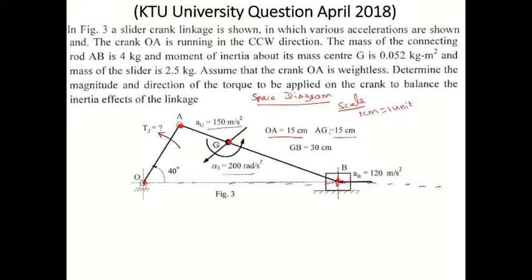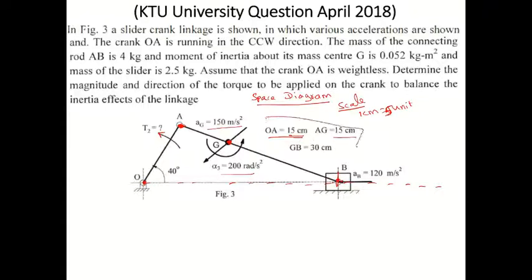If you want to reduce this dimension, you can reduce it, like 1 centimeter equal to 5 units. That means divide everything by 5. I draw OA as 3 centimeter, then AB as 9 centimeter. Suppose you couldn't draw as per the dimension, you can divide every value by 5.